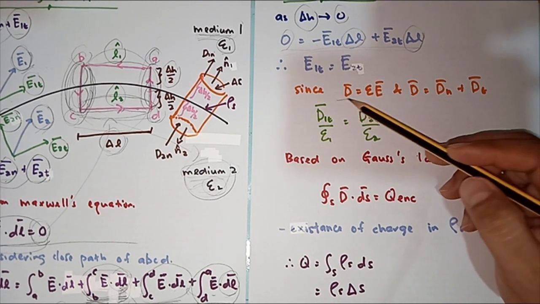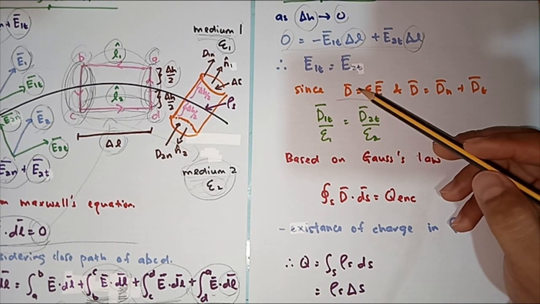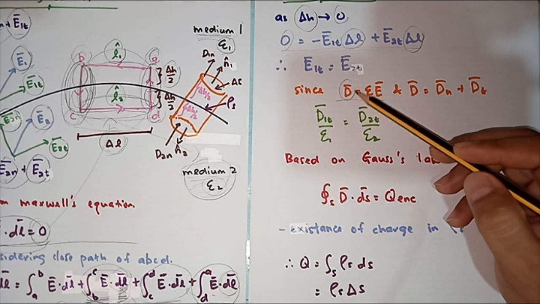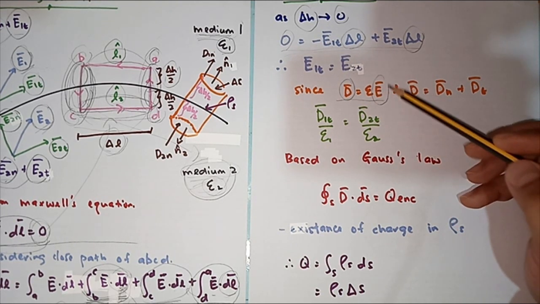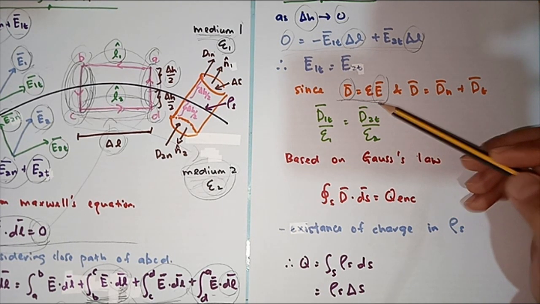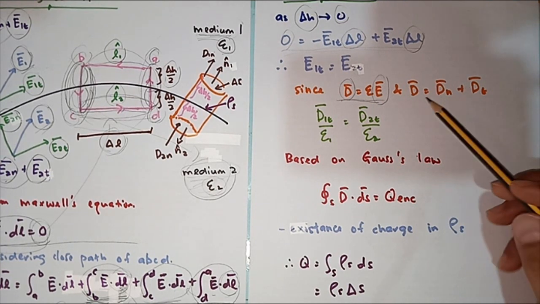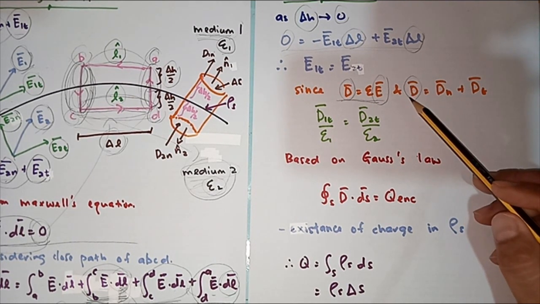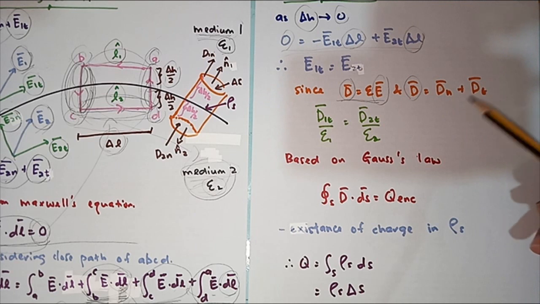Since we have an expression that relates electric flux density and electric field intensity, as shown in this figure, we can divide the vector D into two components, normal and tangential.